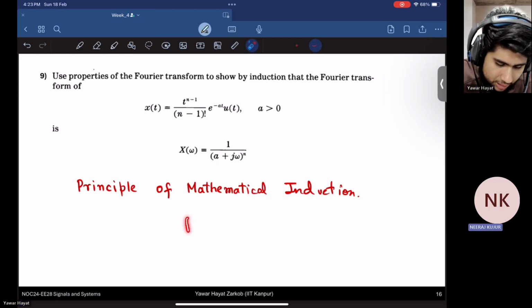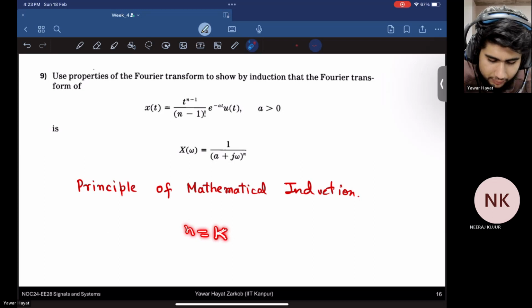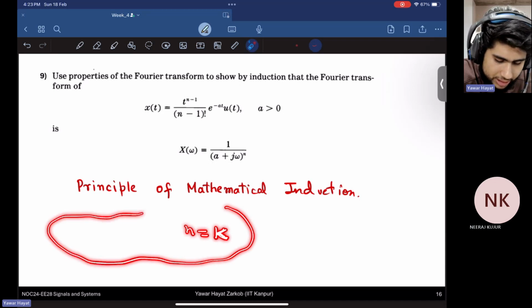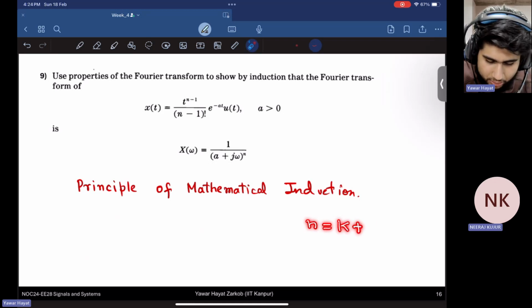Then we assume that it's true for n equal to k, and then using this, we prove that the result is true for n equal to k plus 1.